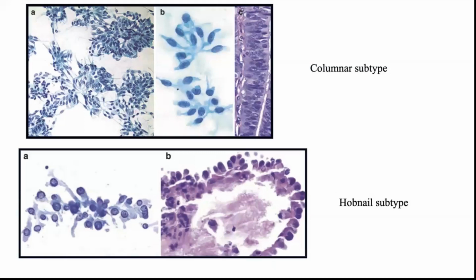So moving on to the columnar cells, these are rare and account for 0.4% of PTCs. On your left, these two images are of FNA slide, that is liquid preparation, and this is a histopath formalin stored specimen.